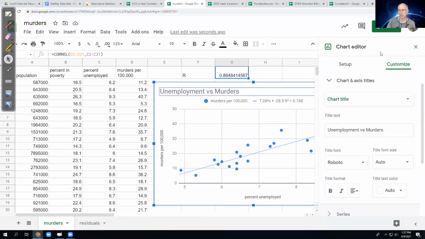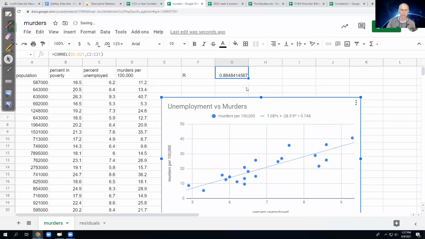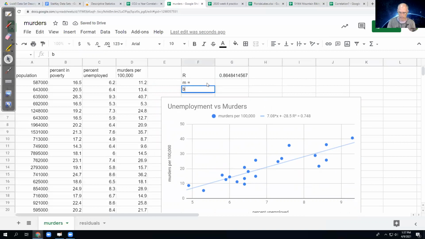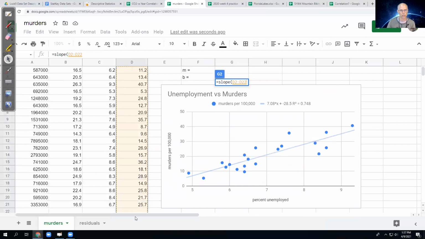So I'm just going to move this out of the way. Calculate the slope. Intercepts. So that's just slope, Y values, then X values.